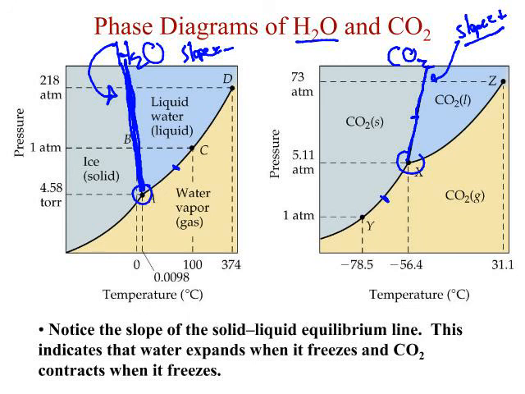You already know that from real life: ice is less dense than liquid water because ice floats in water. So water expands when it freezes, and carbon dioxide contracts and becomes more dense. Just carry that little tidbit of information with you.